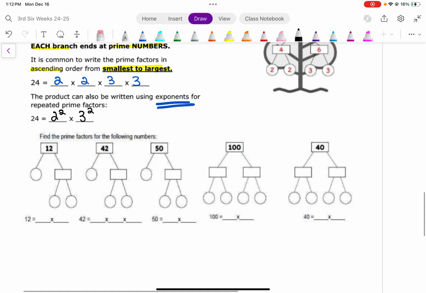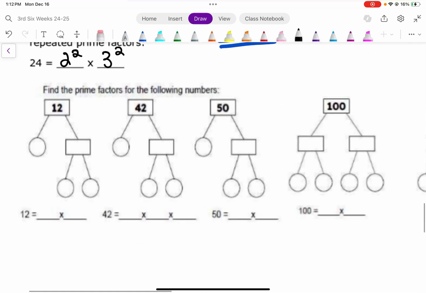So let's try those. So I have 12, which means prime factorization would be 2 and 6. 2 is done. 6 would then be 2 and 3, which means I have, how many 2's do I have?